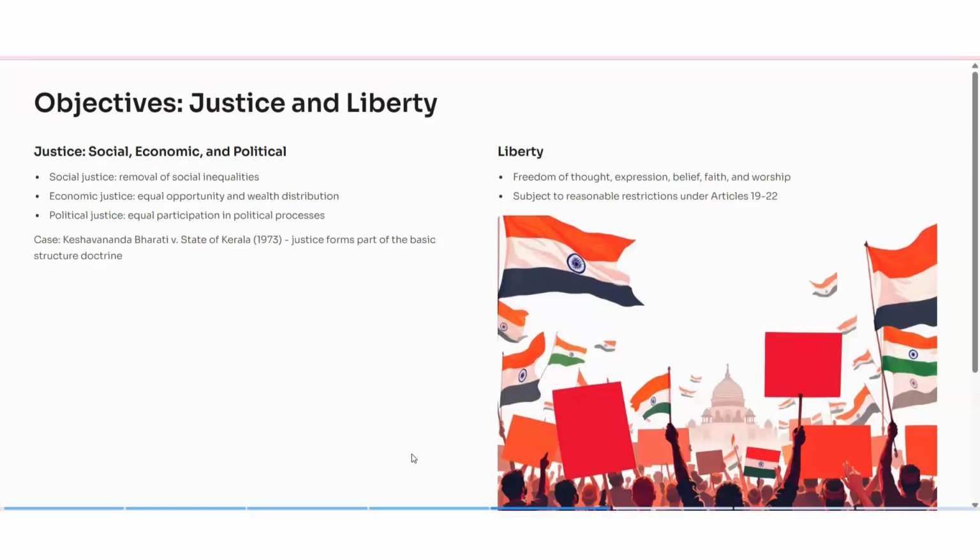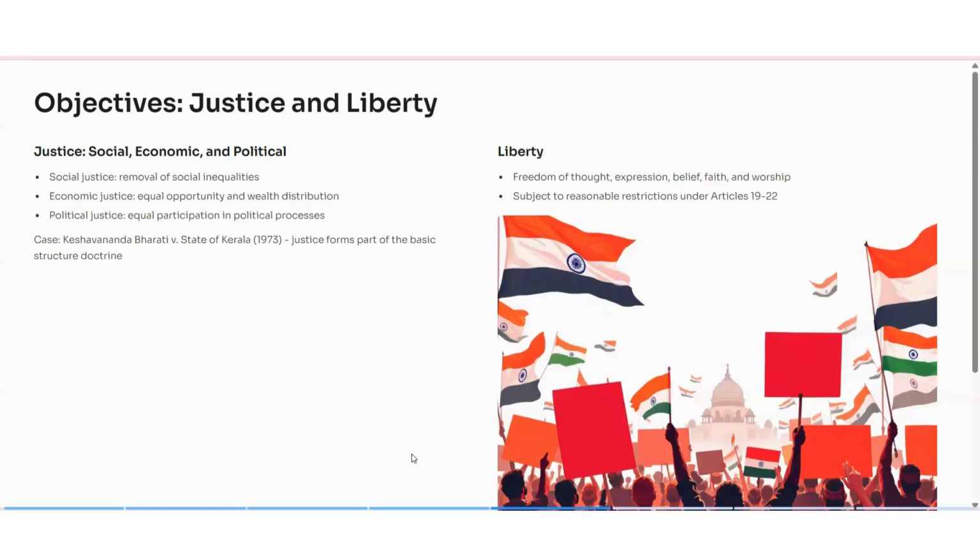Economic justice means equal opportunity and wealth distribution. Political justice means equal participation in political processes. In the case of Kesavananda Bharati versus the State of Kerala, justice forms part of the basic structure doctrine.